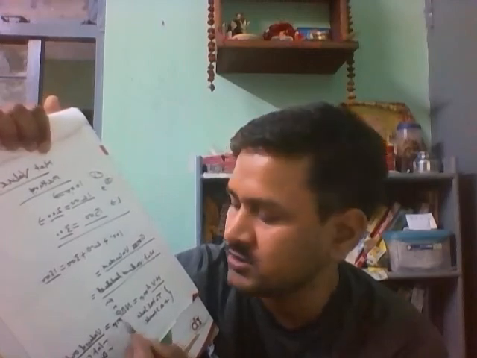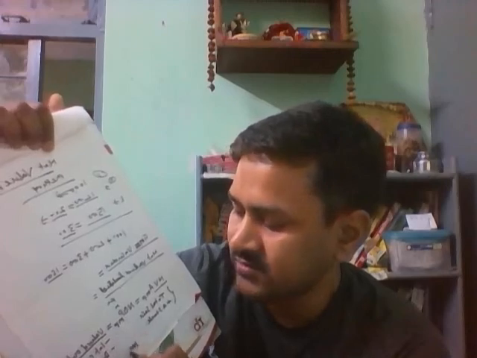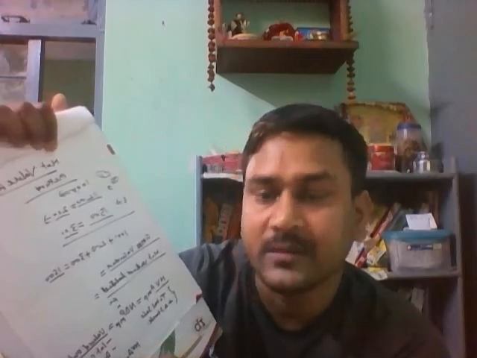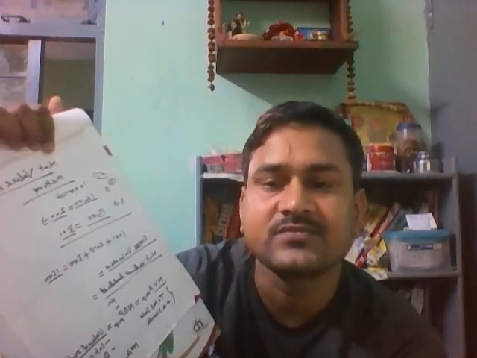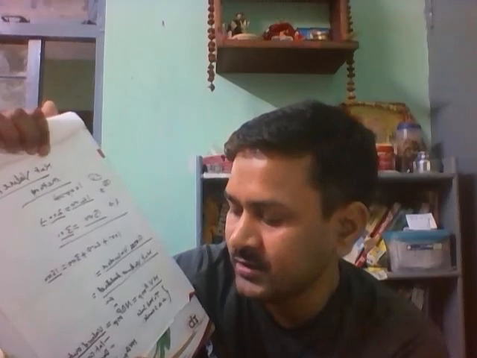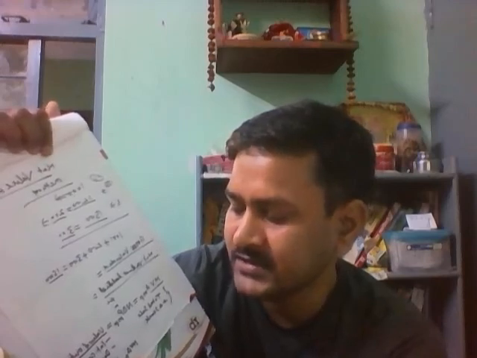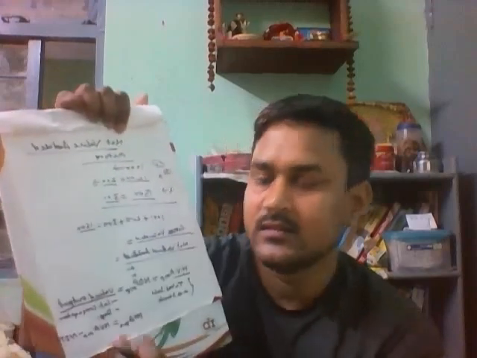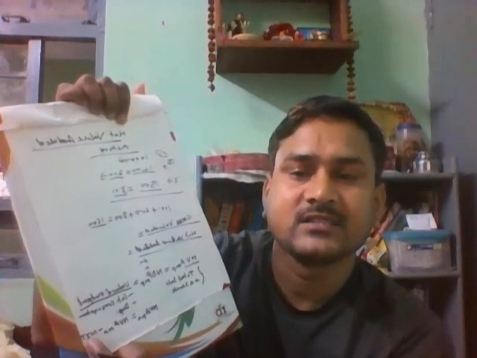Then income is always calculated at factor cost, so we have to convert it to factor cost. To get NVA FC from NVA MP, we subtract NIT, net indirect tax, that is indirect tax minus subsidy.